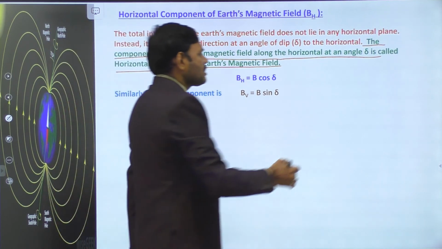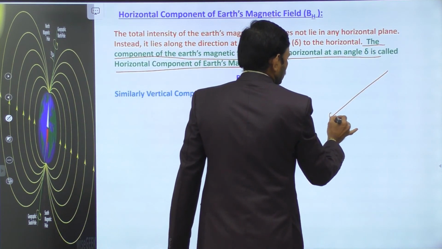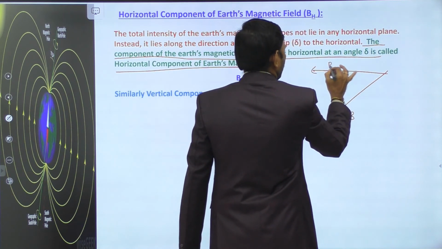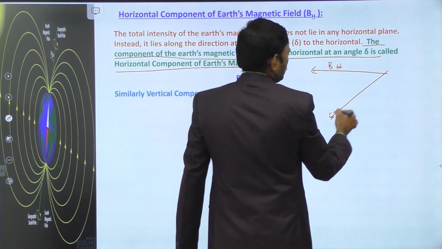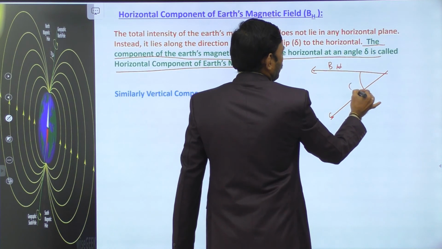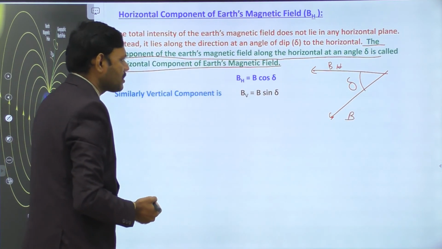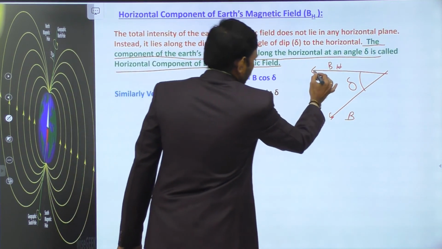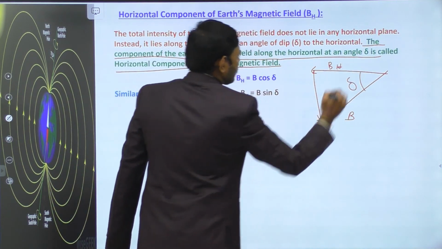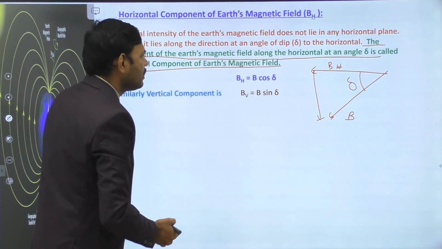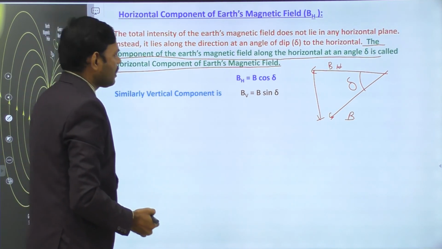Here the actual magnetic field is along this direction and this is the horizontal component BH. The angle between the actual magnetic field and the horizontal component is delta, known as the angle of dip or angle of inclination. In this right angle triangle, consider cos delta equals BH by B, then BH is equal to B cos delta.